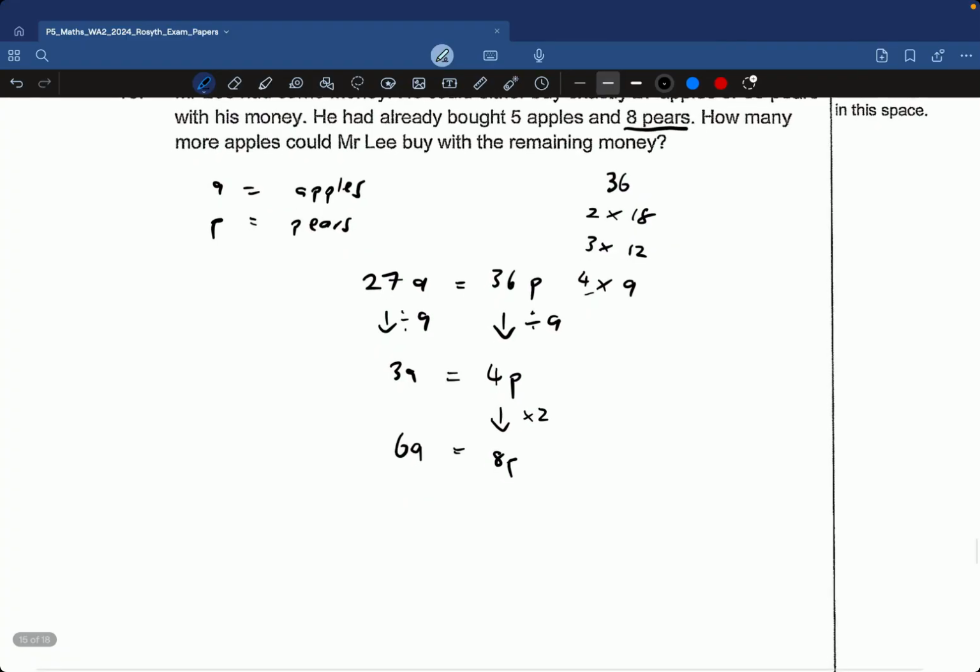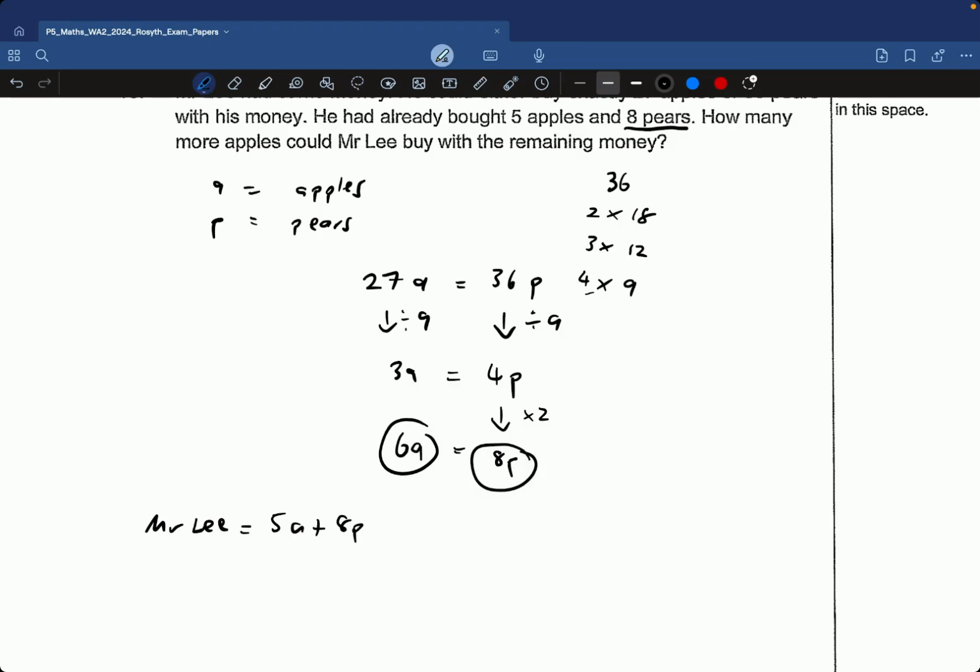So why we are getting 8 pears is because right now, Mr. Lee bought 5 apples plus 8 pears. And he also has the same amount of money as 27 apples. So if we were to convert the 8 pears to 6 apples, then we know how much.